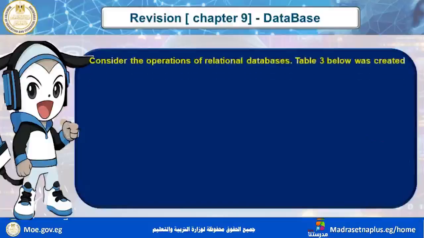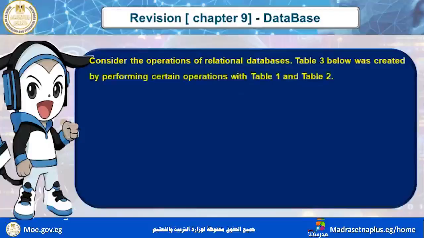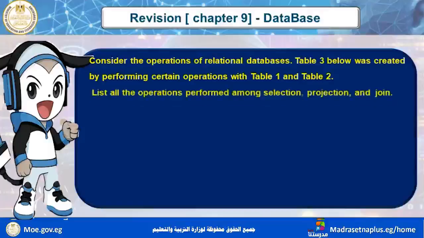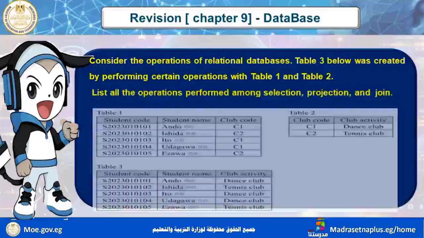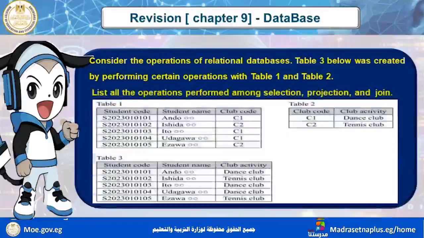Now consider the operations of a relational database. Table 3 below was created by performing certain operations with table 1 and table 2. So list all operations performed among selection, projection, and join. Table 3 was created by performing which operation between table 1 and table 2?